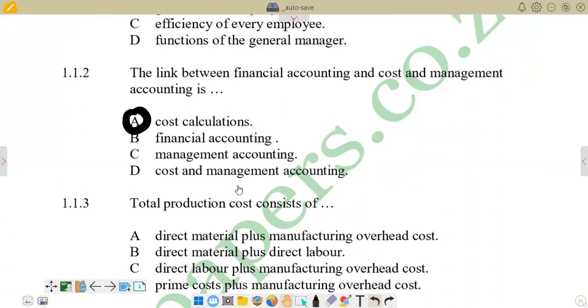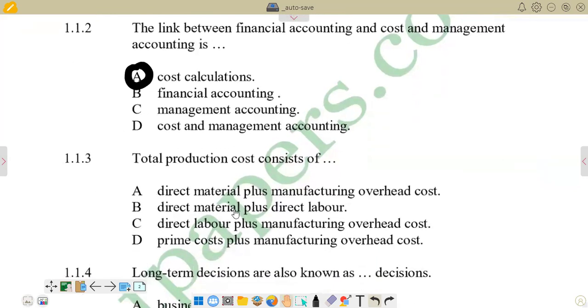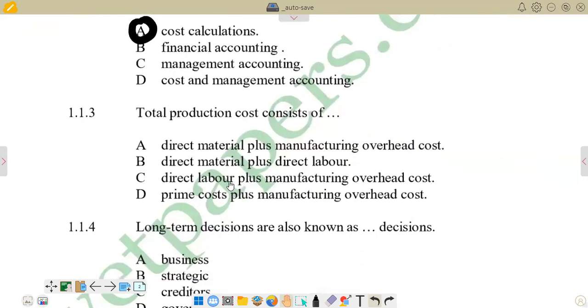And if we have work in process in the question, we can adjust for opening and closing work in process. According to the responses, the only response incorporating all the issues of prime costs and manufacturing overheads is D, where we are given prime cost plus manufacturing overhead costs. So D becomes the correct answer.